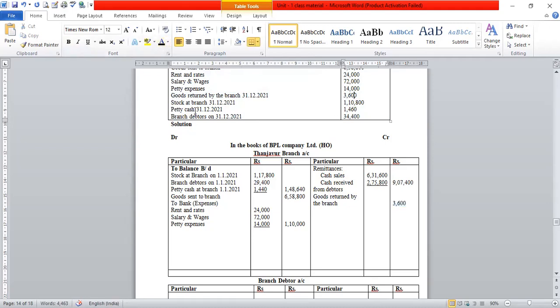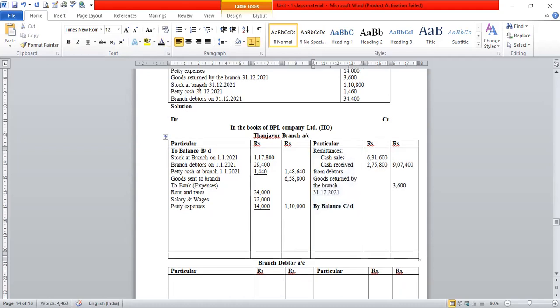Then these 3 items are our closing balances. So அப்ப அதோட term, okay, the same term we will be giving is balance carried down. In this carried down, we know very well there are 3 heads: stock, petty cash, and branch debtors.